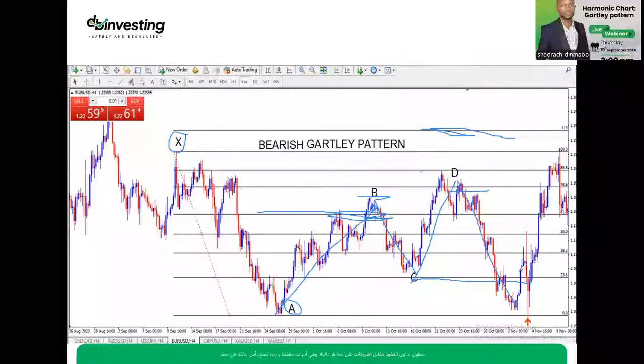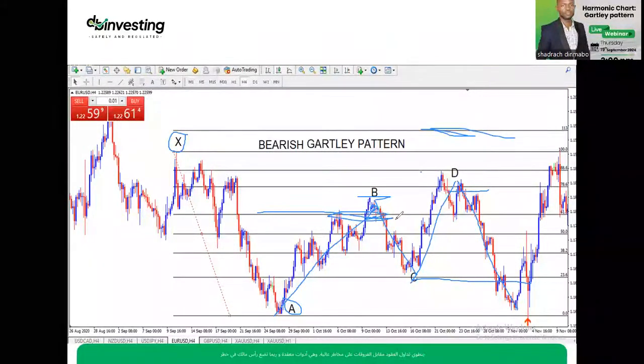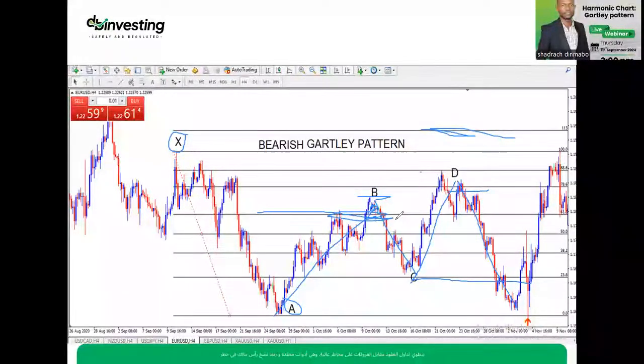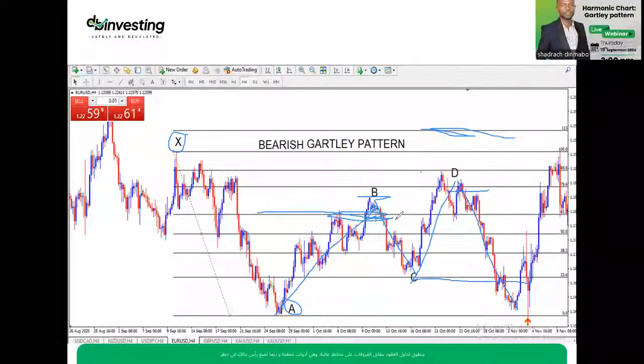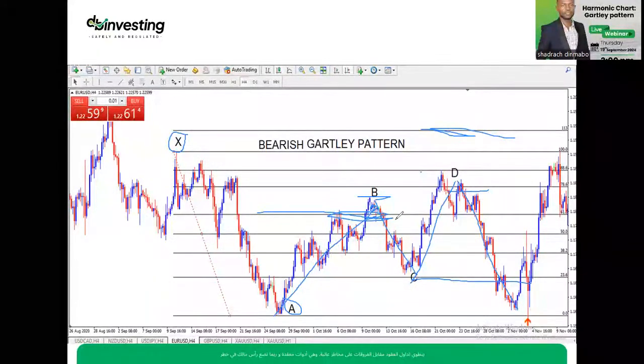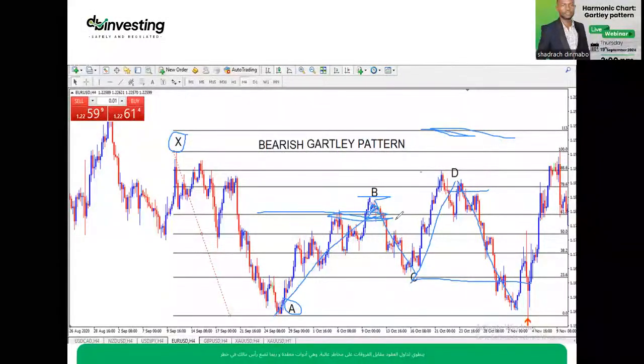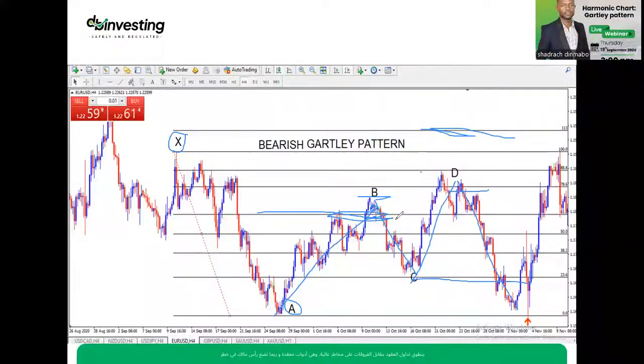Today, we are only banking on the bearish Gartley and how to run on it. I guess everyone has a clear-cut understanding of this. So you can scan the market and see how to source for the Gartley pattern, and then use it to do some good trading.